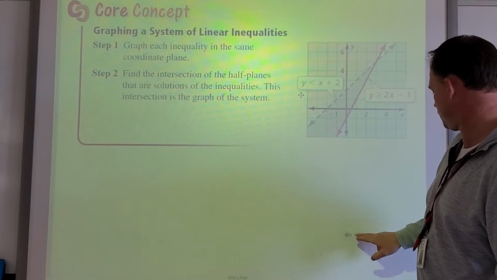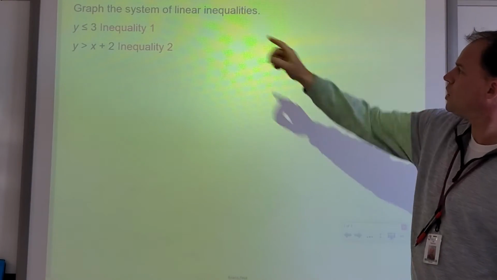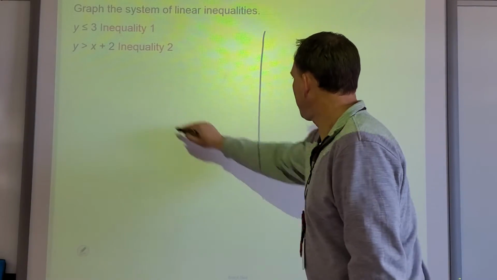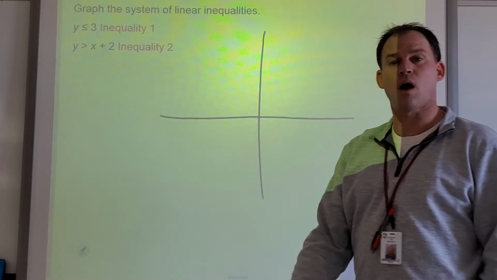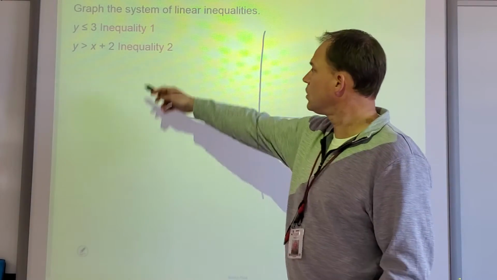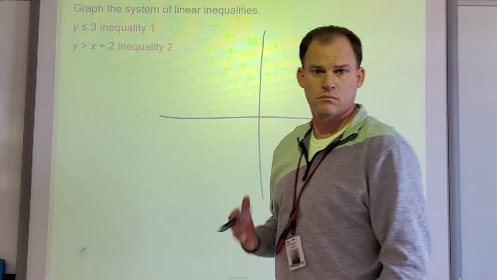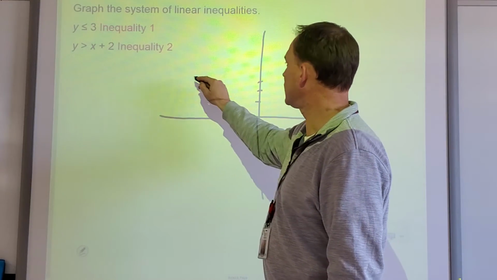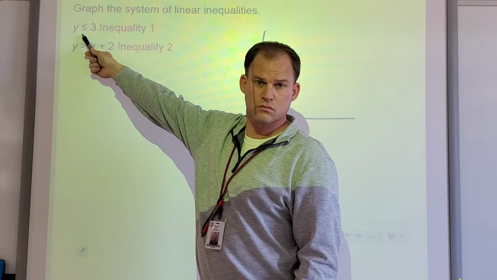So here we go. Graph the system of linear inequalities. So we're graphing both inequalities on the same graph. What do we have here? Horizontal line, solid or dotted?